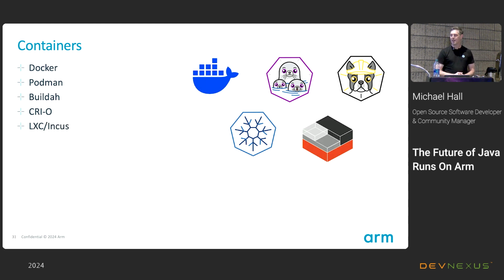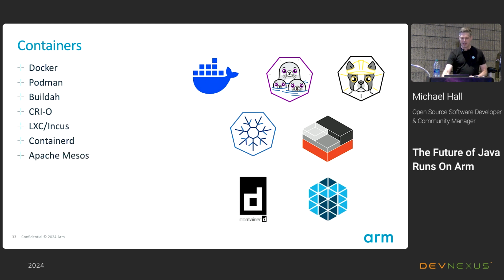Linux Containers also has native support for it, and Incus, which is the open source fork of LXD. So for, again, building and managing Linux containers on ARM64. And then containerd, another popular runtime environment for Docker and OCI containers, has support for that. Even Apache Mesos, if you're running something like Hadoop on Mesos and you want to move those workloads over onto Graviton or one of those Ampere systems, you can do that now too.